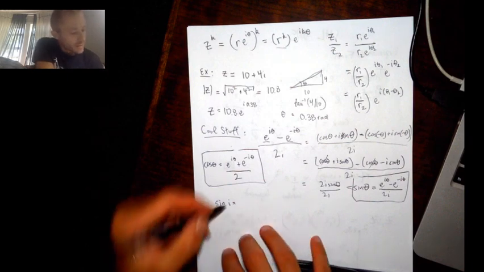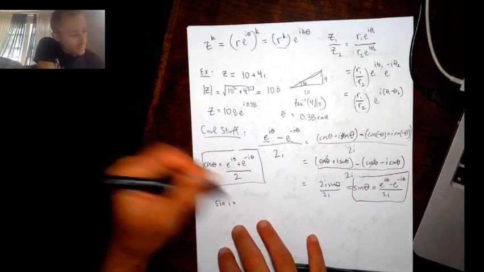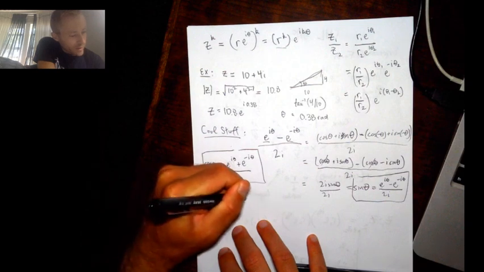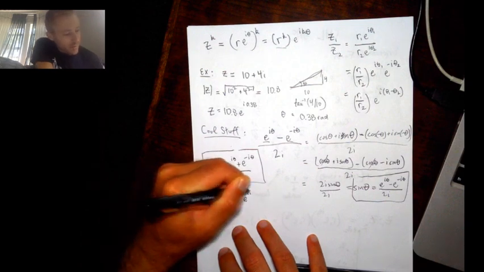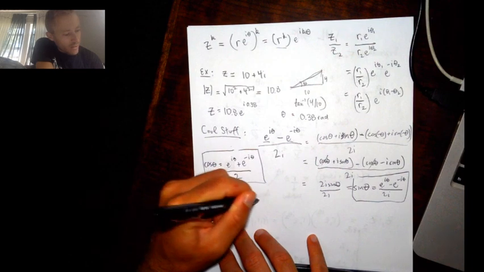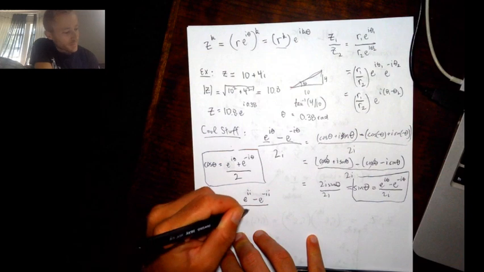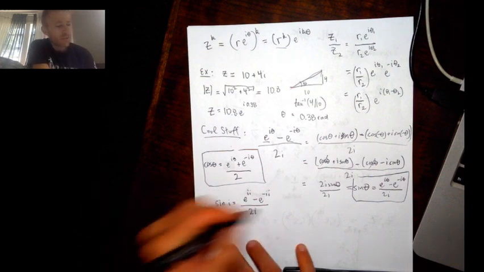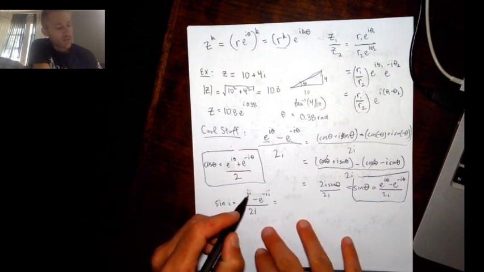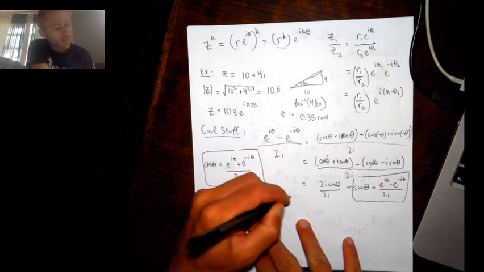This would be equal to e to the i times i minus e to the negative i times i over 2i. So i squared is negative 1, so we get e to the negative 1.